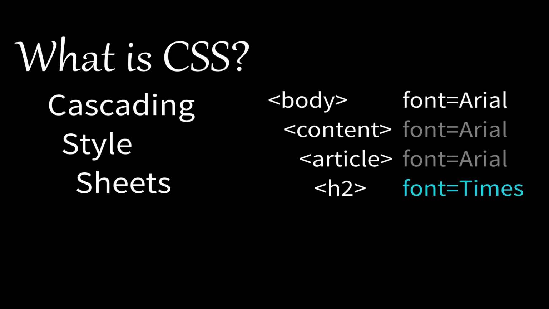Now, I'm using the word element here because when you change one thing in CSS, you're not just changing an item like a phrase, you're changing an element, which is like all of the titles in the website. Then all of the titles will change, not just the one title that you're working on.